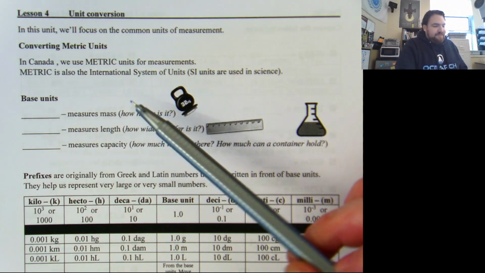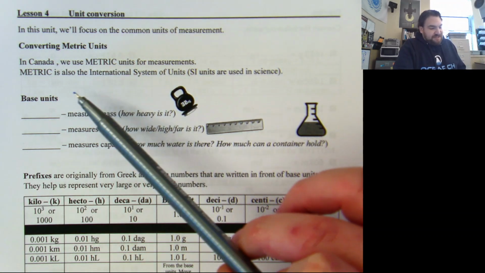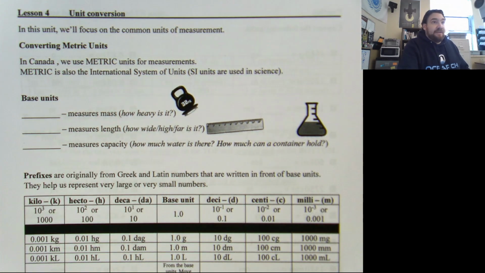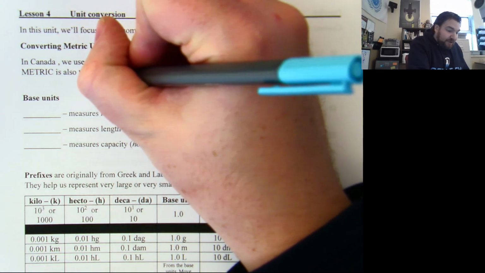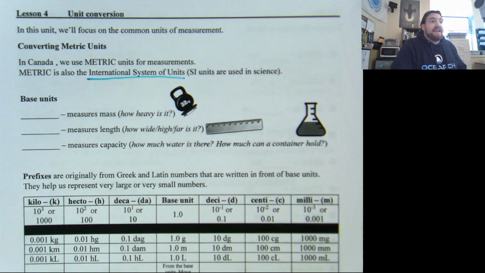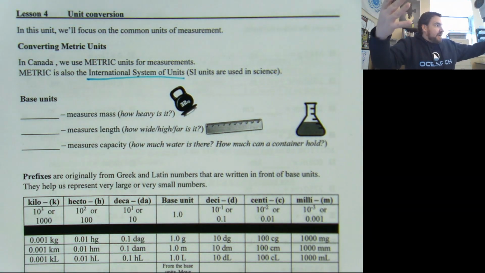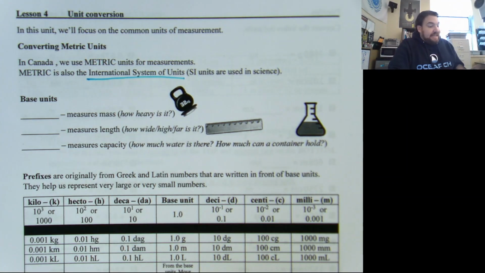I digress. The metric system is wildly important. Only 2 countries don't use this. And even in one of those 2 countries, because it has a really robust set of scientific endeavors, anything sciencey in that country would use the International System of Units.